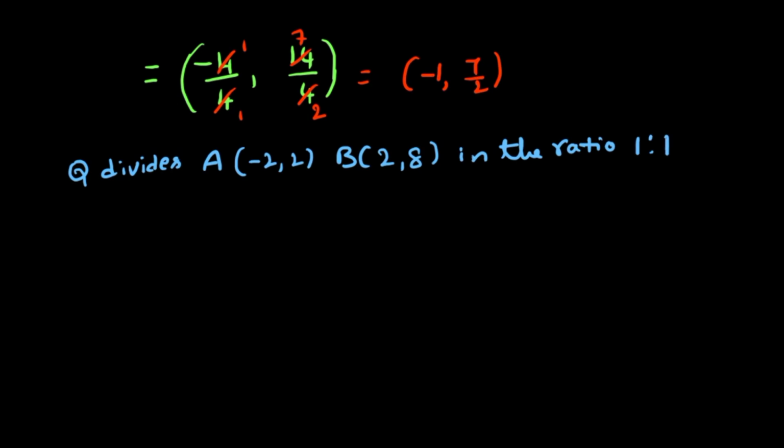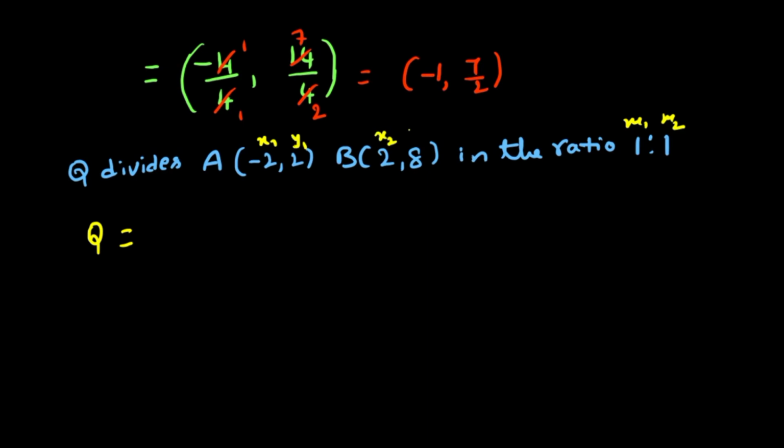So Q equals m1x2 plus m2x1, as usual with m1 and m2, and x1, y1 and x2, y2.